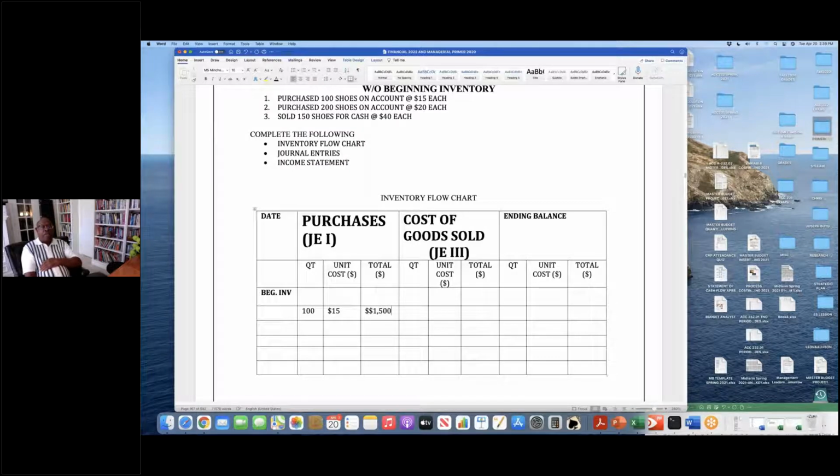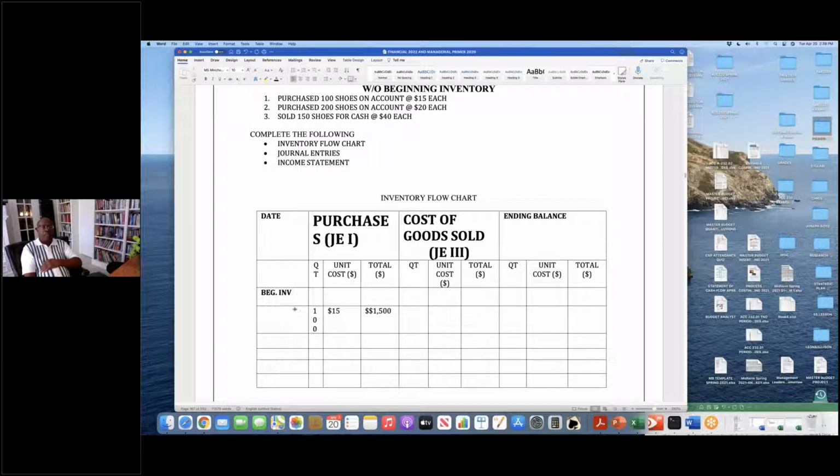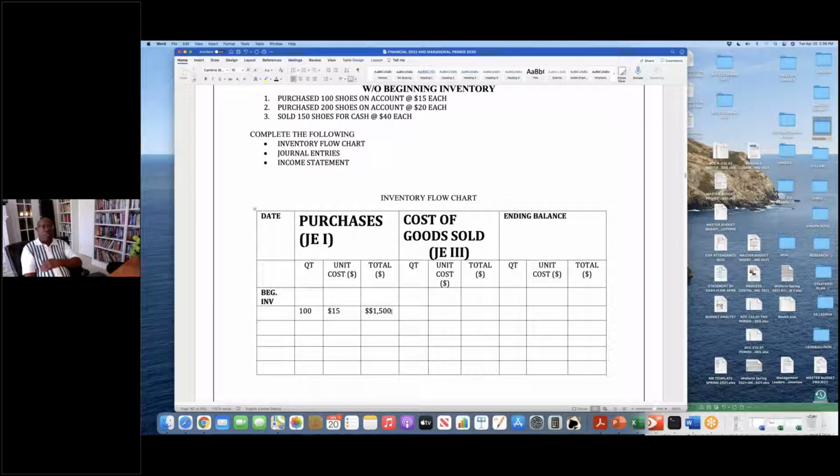Now, every time we make this journal entry on the purchase, we're going to copy it and put it over here in our balance column. So when we buy the inventories, we record the purchase, then it always moves to the balance column.